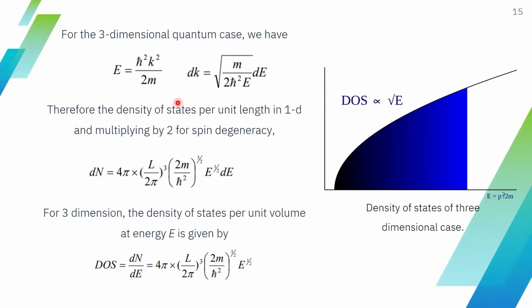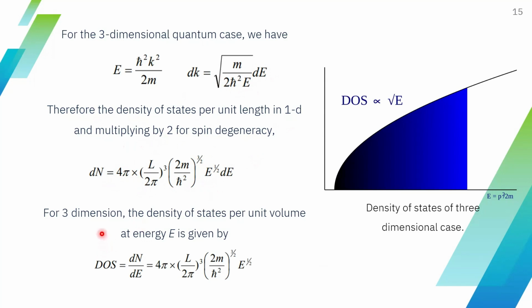So you can see here for the three-dimensional quantum case, we have E equals ħ²k²/2m, and dk equals (m/2ħ²E)^(1/2) dE. So for the density of states, we have to multiply by 2 for spin degeneracy. So we will get dn equals 4π (L/2π)³ (2m/ħ²)^(3/2) E^(1/2) dE.